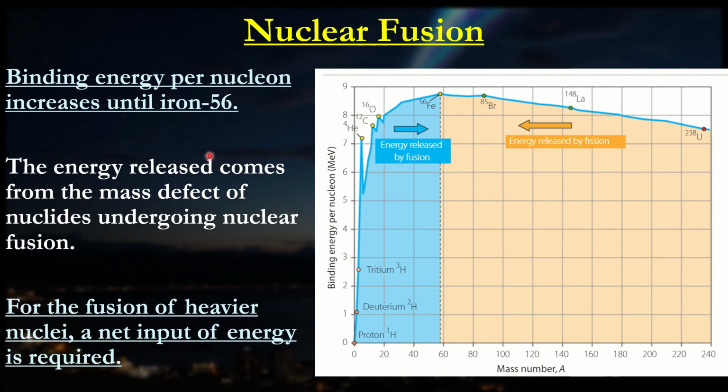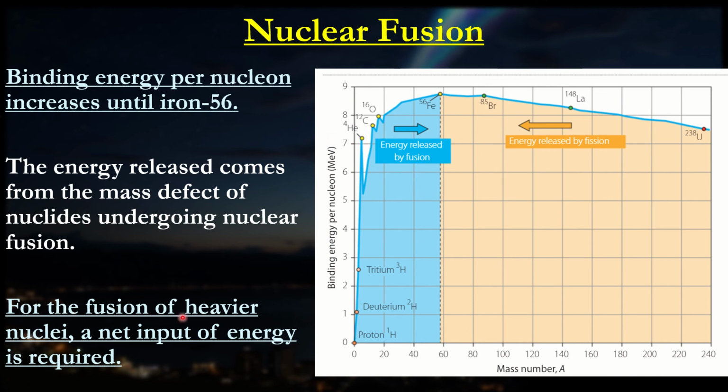If you look at a direct comparison, the binding energy per nucleon, if you're starting from hydrogen, increases continuously until you get to iron 56. The energy that releases comes from the mass defect of the ongoing nuclear reaction.